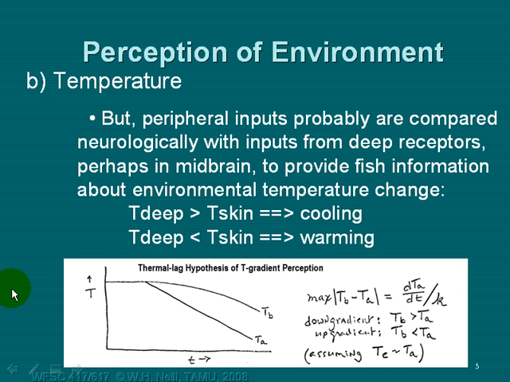And basically it says that fish might use the lag in their core deep body temperature relative to the superficial information they're getting from surface sensors to not only detect the fact that there is a change through time, which probably is related to a change in space. Maybe.